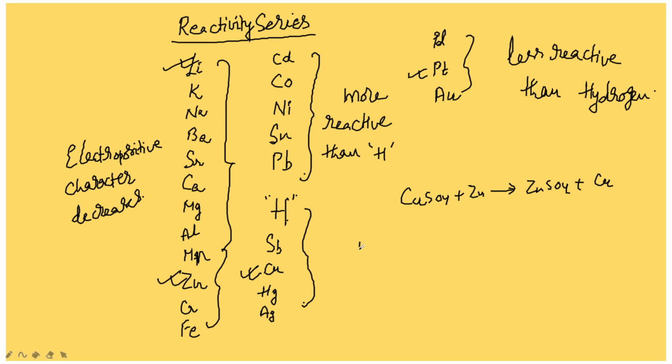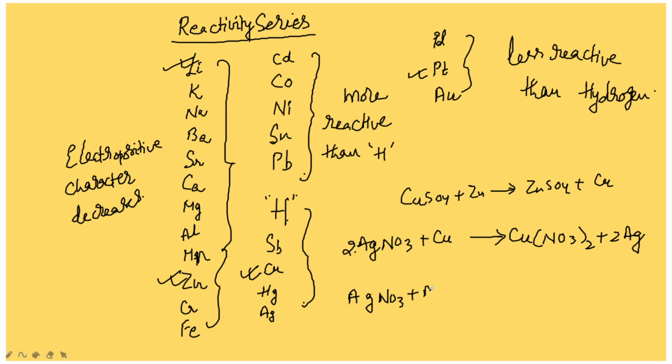One more reaction you can see, silver nitrate AgNO3 plus copper. What will happen? Here you see copper and silver. Which one is reactive, copper or silver? Obviously copper. Copper will displace silver from its compound and it will form copper nitrate. Next, AgNO3 plus aluminium.